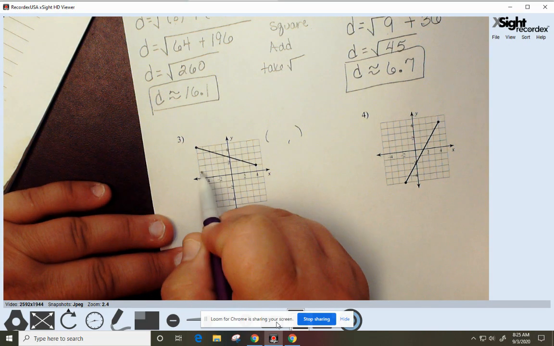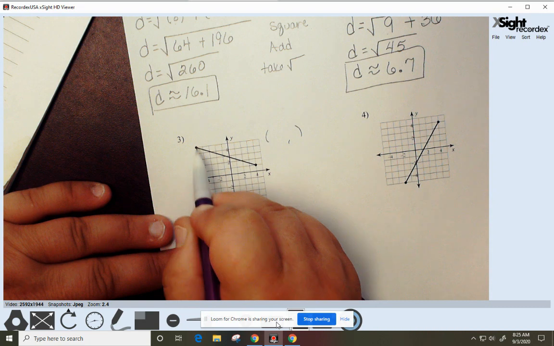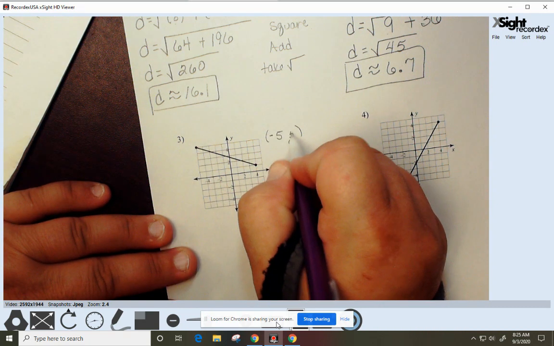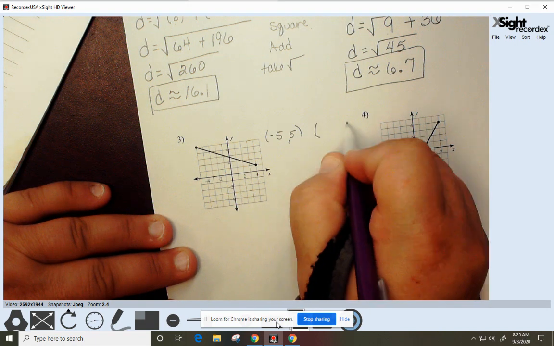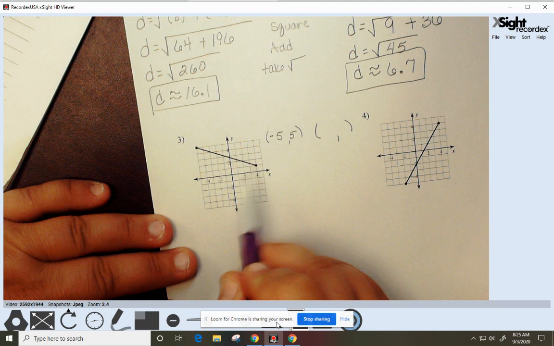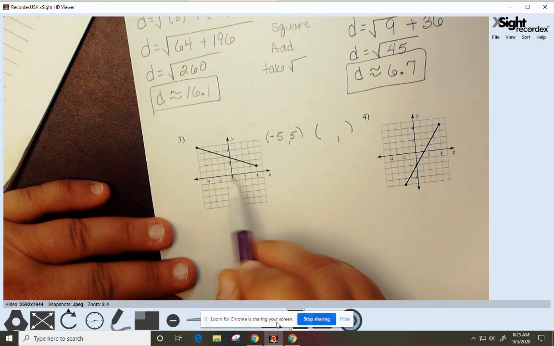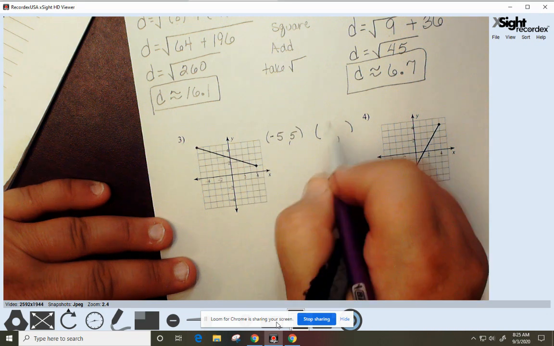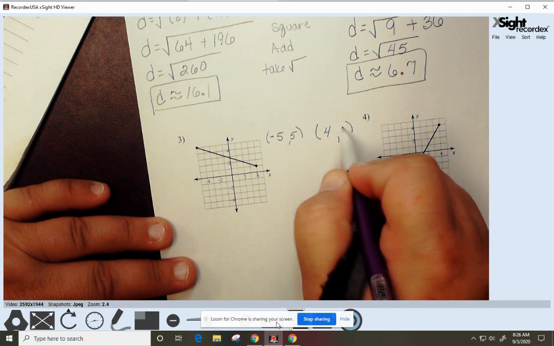And then I would go up 1, 2, 3, 4, 5. So this would be a negative 5, comma 5. Then I get my second ordered pair for, say, this point. So I go back to the origin, 1, 2, 3, 4, up 1. So 4, comma 1.